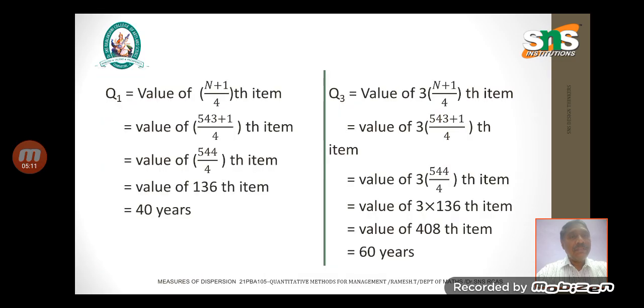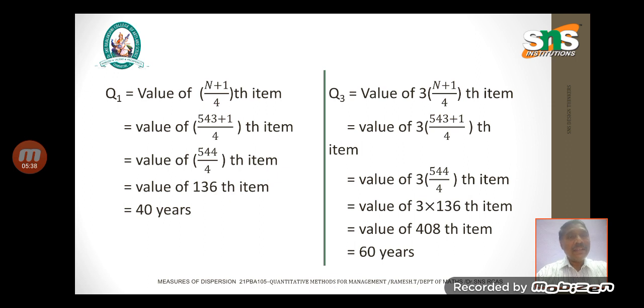So using this, we find the first quartile. First quartile is the value of the (N plus 1) by 4th item. Here N, the total frequency, is 543, plus 1, by 4. Why do we divide by 4? Because we calculate the quarter part. The first quarter part is divided by 4. Therefore, 544 divided by 4 is equal to 136th item.